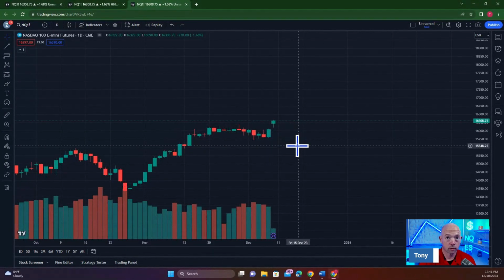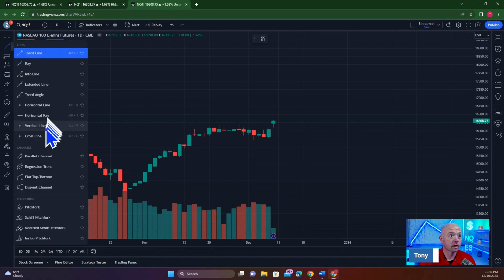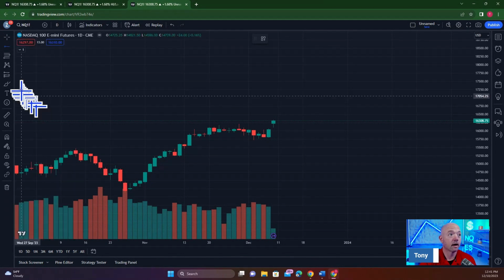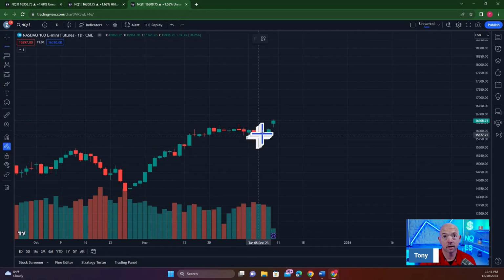What you're going to look for is the high and low of key areas. I go to the drawing tools, I go down to the horizontal ray. You want a ray, not a line. And then we're going to lock that tool on so that we don't have to keep clicking again and again.